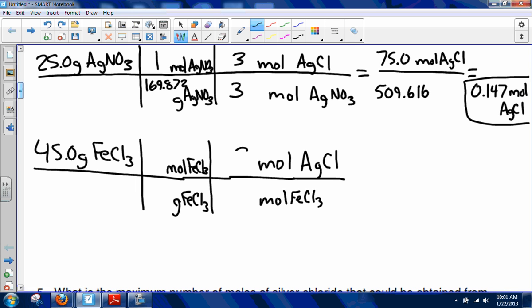There was a 3 in front of the silver chloride. There's a 1 in front of the ferric chloride. And what was the number for molar mass that we already calculated for ferric chloride? What is it? Should be written down.